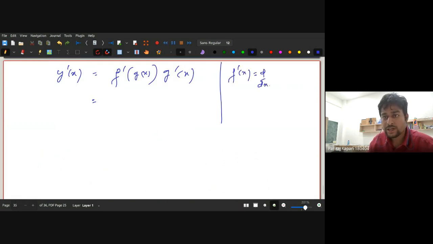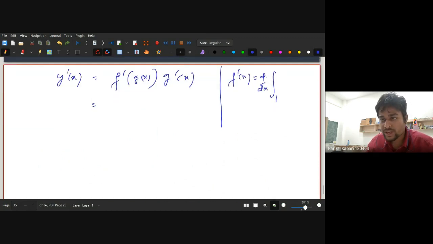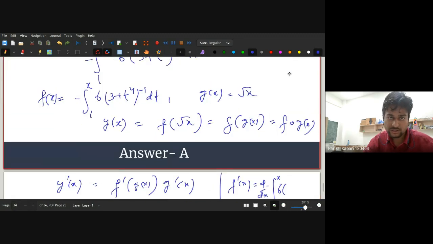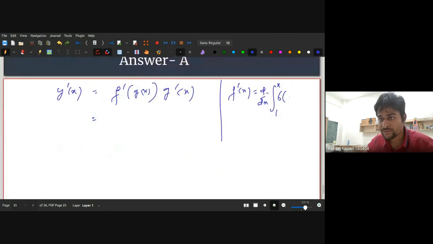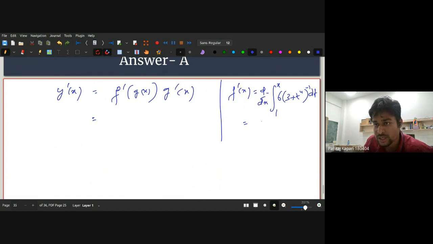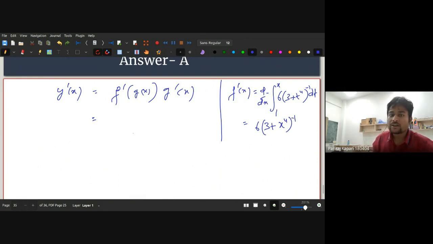That is just dy dx of, okay, there is a minus sign, integral from 1 to x of 6 times, in the bracket, 3 plus t to the power 4, inverse dt. If you differentiate this integral, then from the fundamental theorem of calculus, you will just get 6 times 3 plus x to the power 4 inverse, right?